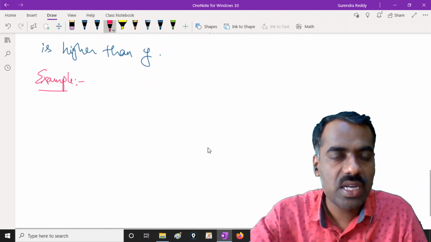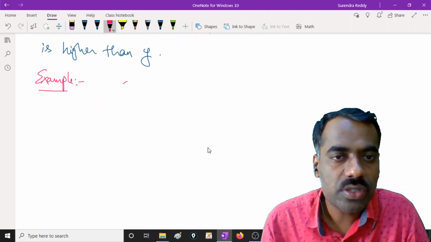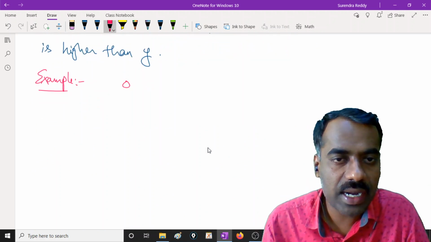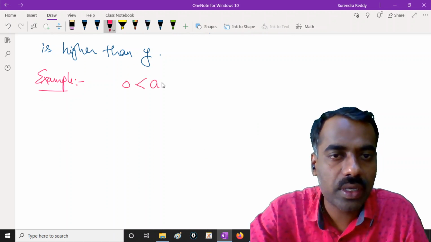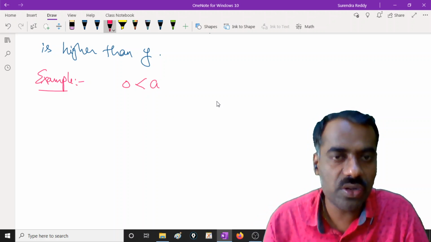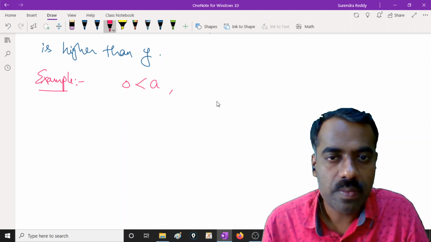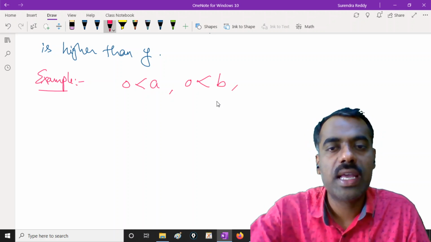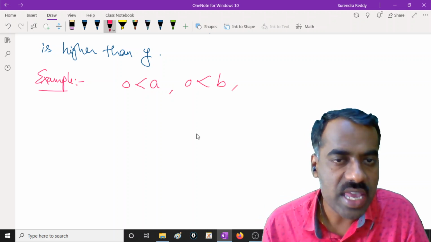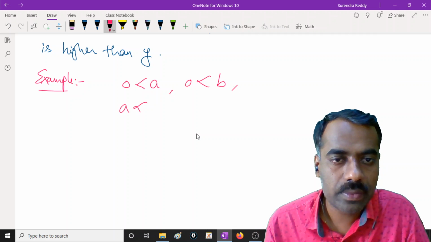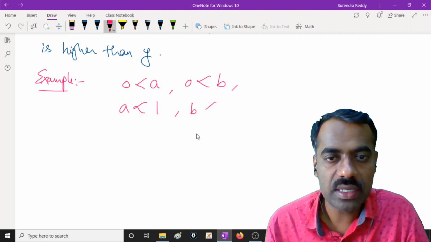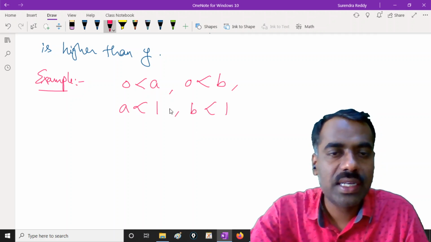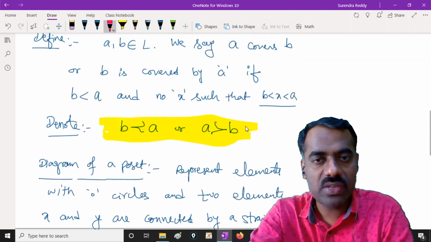So you can see here 0, so 0 comma, you can write, a covers 0 or not. A covers 0, b also covers 0, okay, and 1 covers a and b, okay. 1 covers a and b, right? The remaining ones you cannot write, you don't have them.